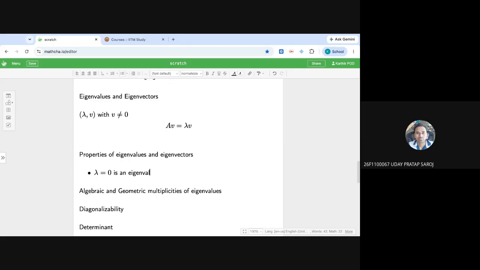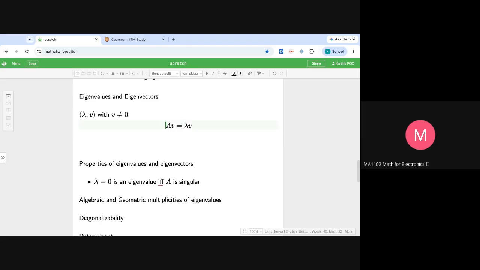And maybe here where you wrote Av equals lambda v, you can write the determinant of A minus lambda I, because this is slightly harder to use for finding the eigenvalues, but it's the same thing. So this is just the definition.